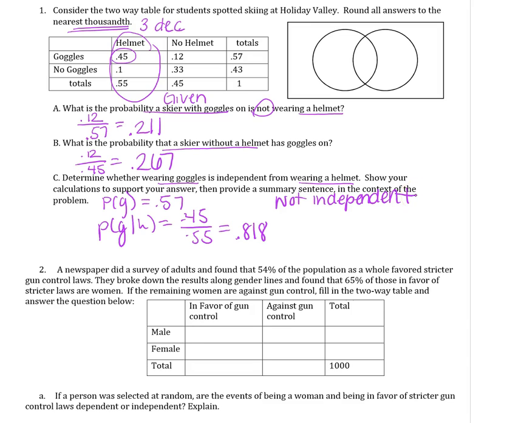Okay, so as far as likelihood goes, here is what they're looking for in the context. From our baseline, essentially, I had 0.57. My new calculation was 0.818, which means the probability increased. So what that means is you are more likely to be wearing goggles given you're wearing a helmet.